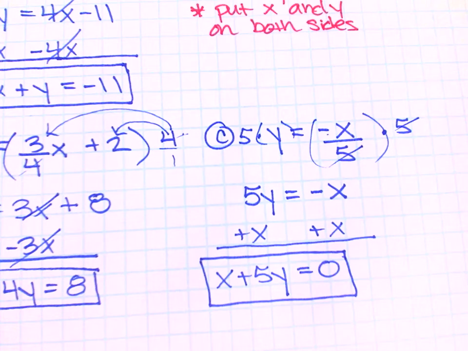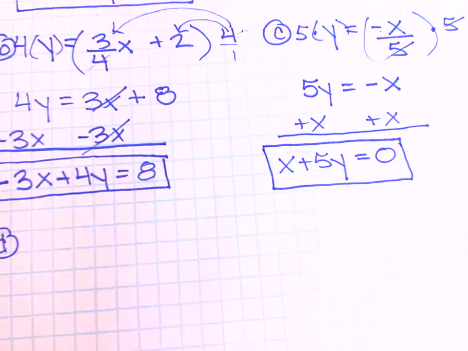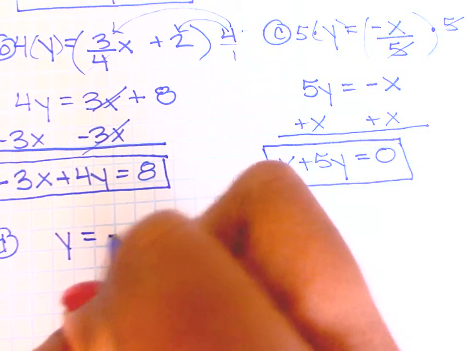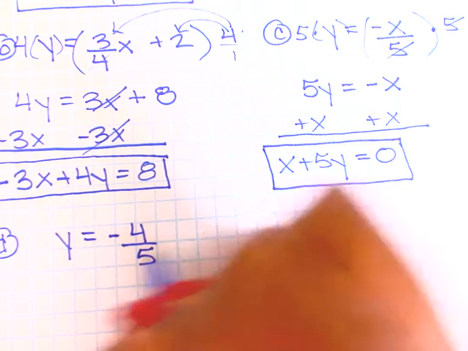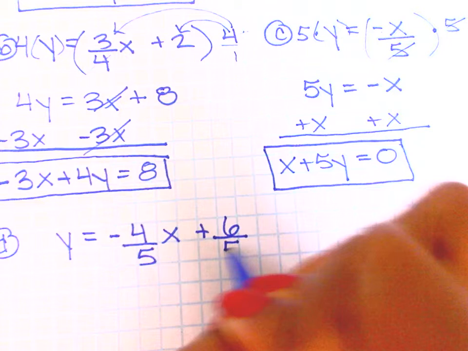Let's try one more fraction one, and then we will move on to the last example. Let's do y equals negative 4/5 x plus 6 over 5.